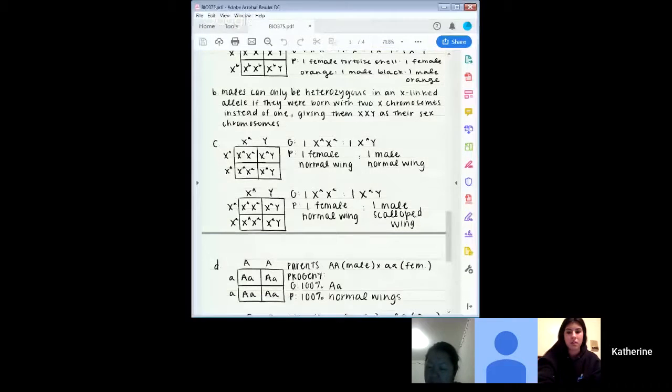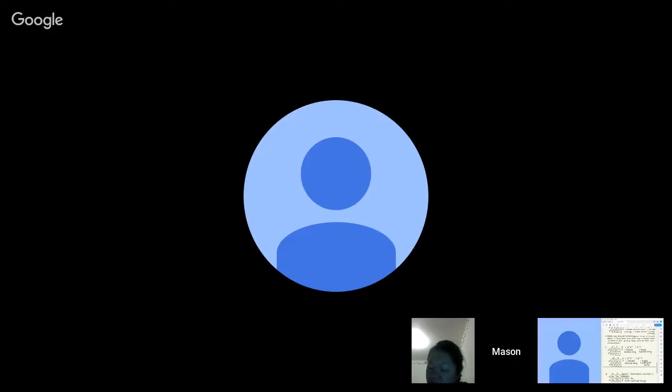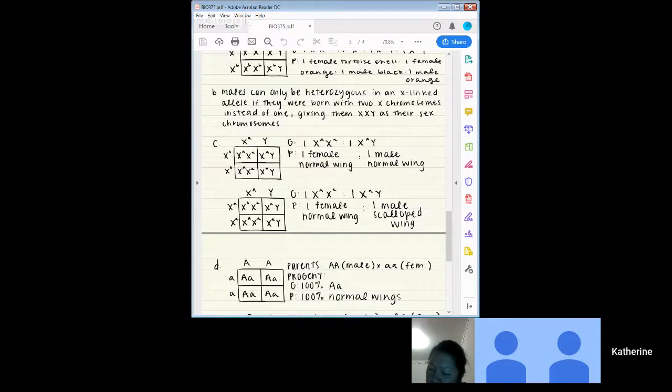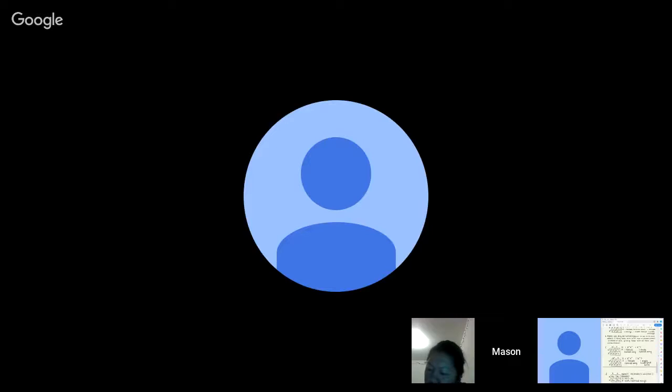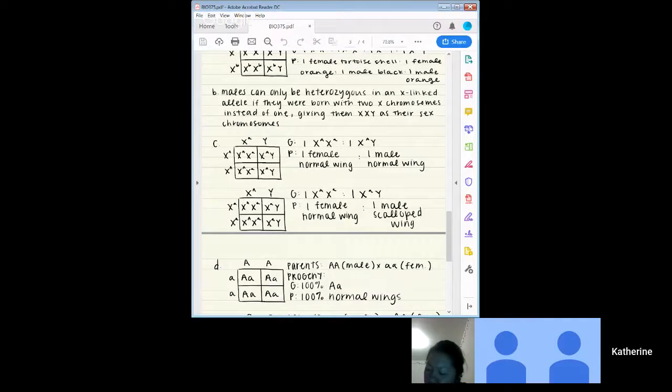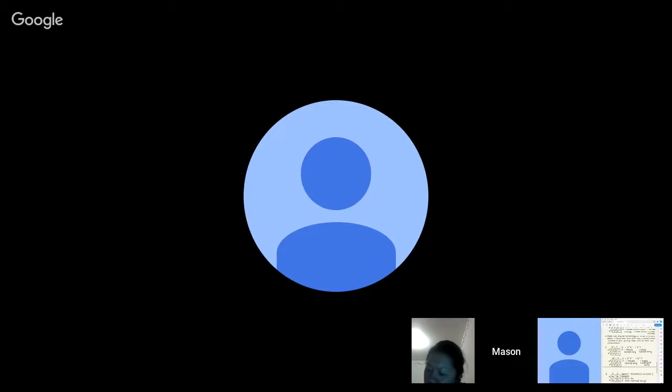Okay. So could I try to sum it up and see if I understand right? Essentially, this is an X-linked recessive mutation, so it's only traveling with the X chromosome. And so a male genotype is normally XY.